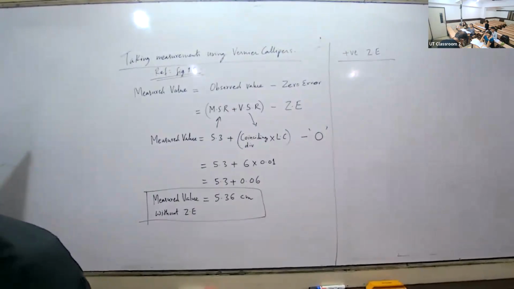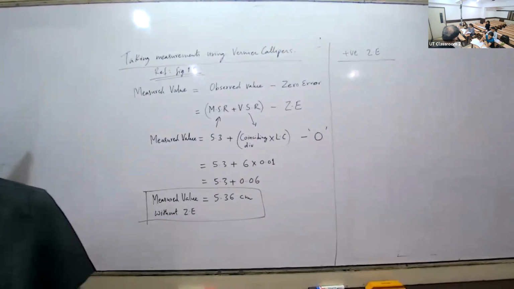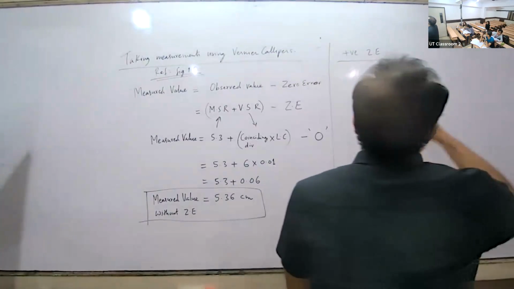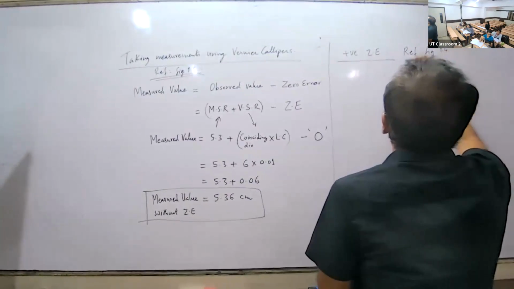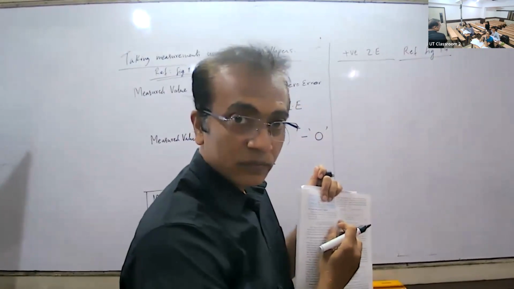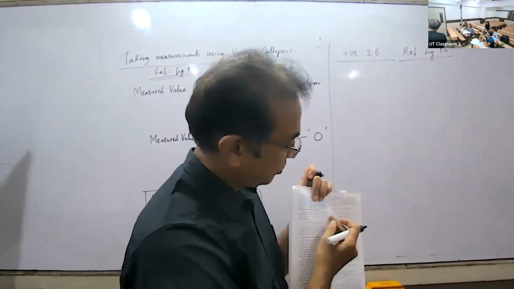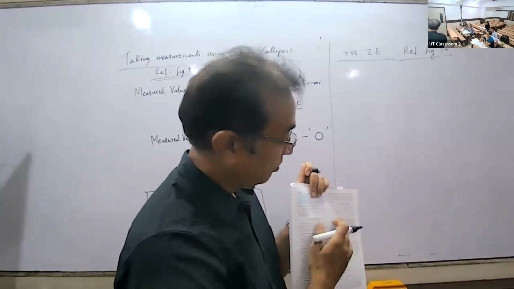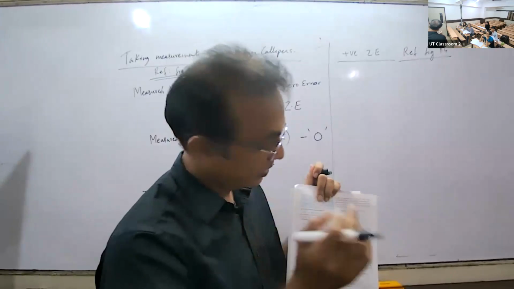Refer to figure 1.4. Now, the zero of the vernier when you close the jaws by sliding without any object. Any object whose length has to be measured will be put inside the jaws the way I explained. But before taking measurement, you have to first check whether the instrument has a zero error.